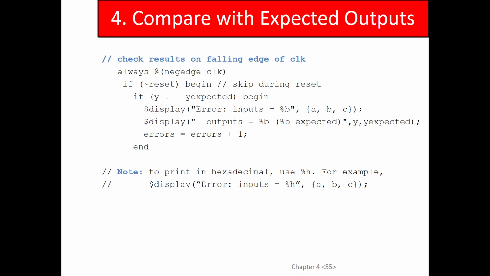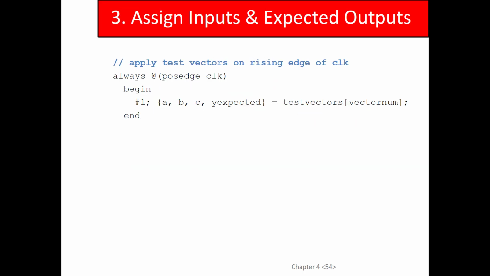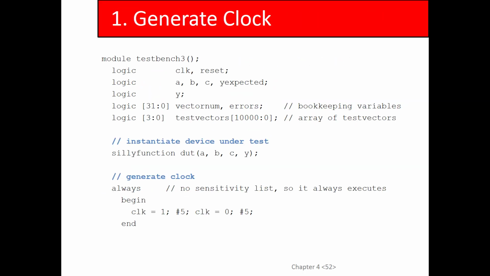It's kind of like a for loop, but instead of iterating with a for loop, they use the clock to increment a counter called vector num, which kind of acts like the i variable in the for loop. And then they use that to index the test vector.